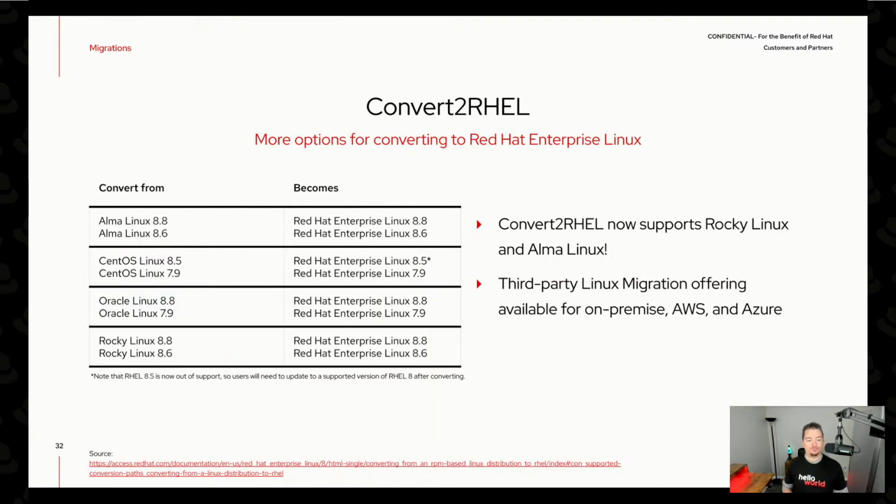Also in the new features bucket for Convert to RHEL is support for Rocky Linux and Alma Linux. They've established themselves as an alternative, but no offense to the hardworking engineers in both those organizations, Red Hat has been at this, RHEL has been at this for 20 years. Red Hat's been at this for 30 years.